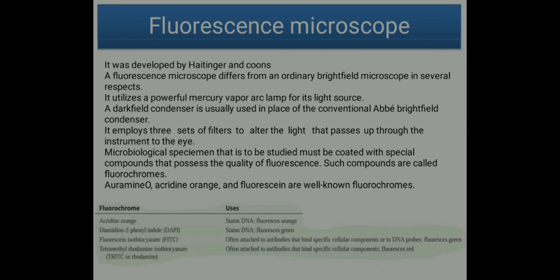It employs three sets of filters to alter the light that passes up through the instrument to the eye. The microbiological specimen to be studied must be coated with special compounds that possess the quality of fluorescence. Such compounds are called fluorochromes.